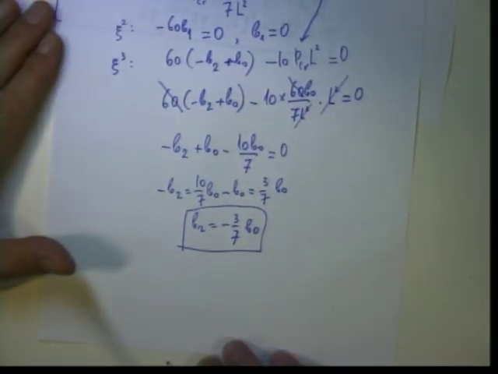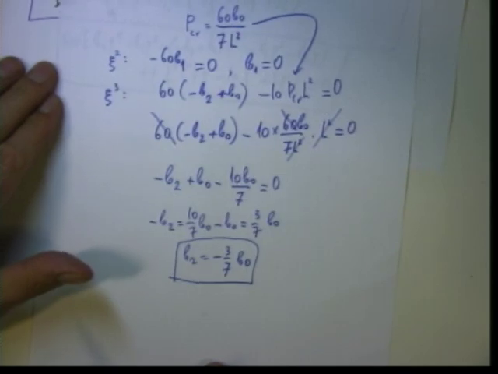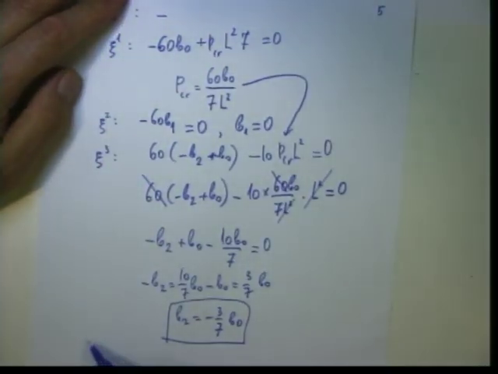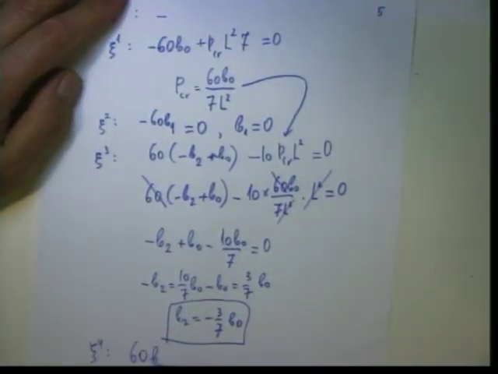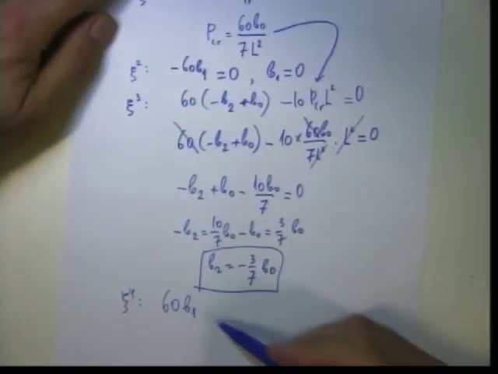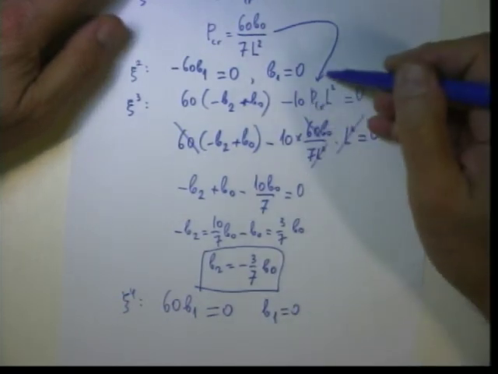Okay, that we got from psi cube. Now psi in fourth power, 60 B1. But there is nothing there, so this is 0. And we again got B1 equals 0, which is the same as here.